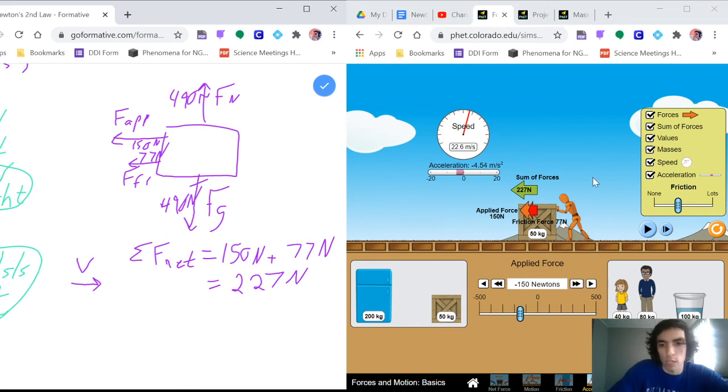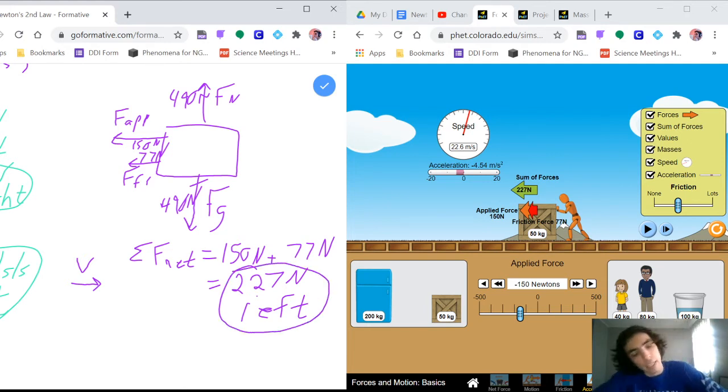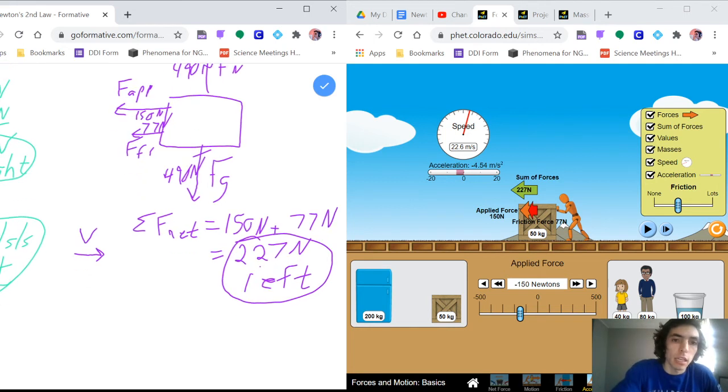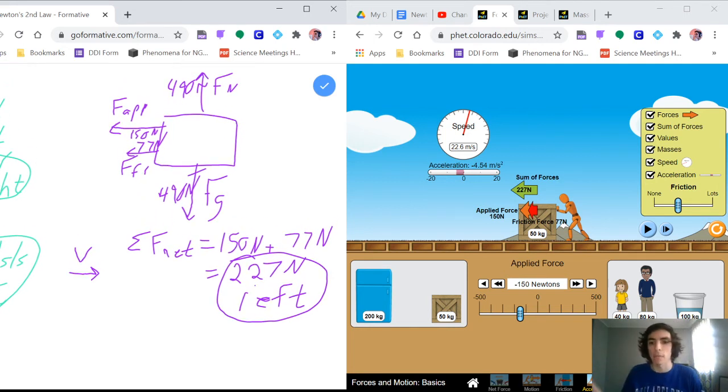They used a vector in the simulation for this, but I'm going to write it out: that net force, overall total force, is 227 newtons to the left, acting on this object. That's what's being exerted upon this object. Overall, the net effect is basically 227 newtons to the left.